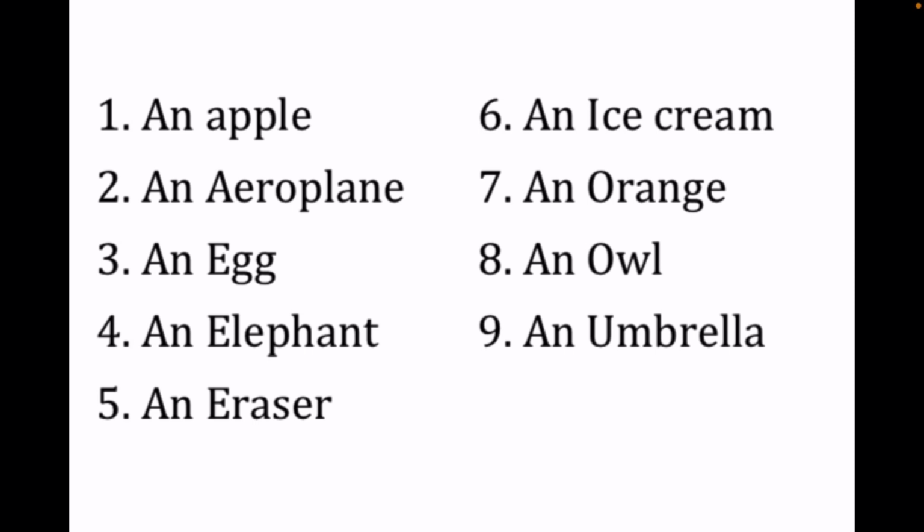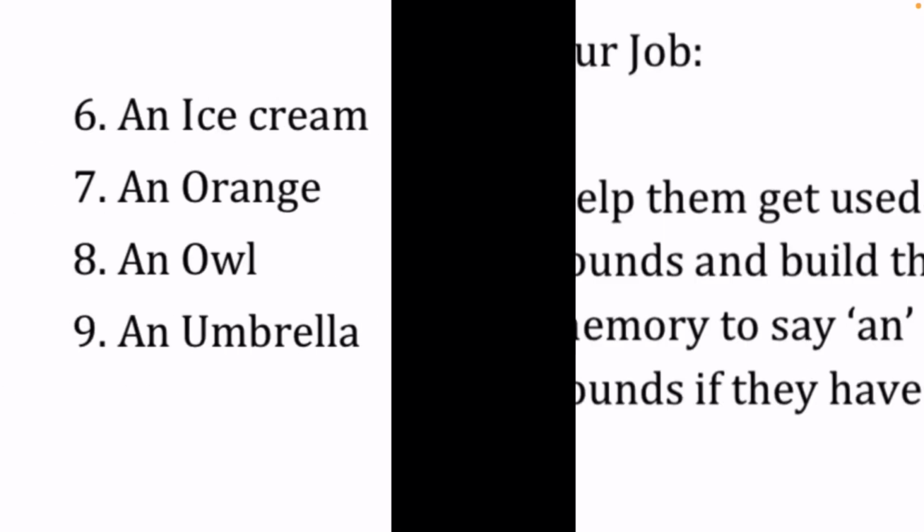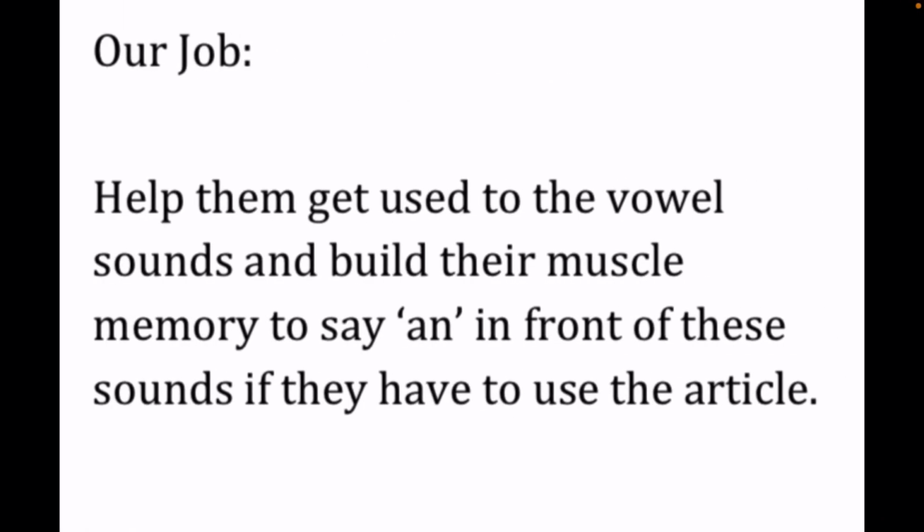You can first teach them the meanings of these words and then ask them to use them in a sentence. Here our job is to help them get used to the vowel sounds and build their muscle memory to say an in front of these sounds if they have to use the an article.